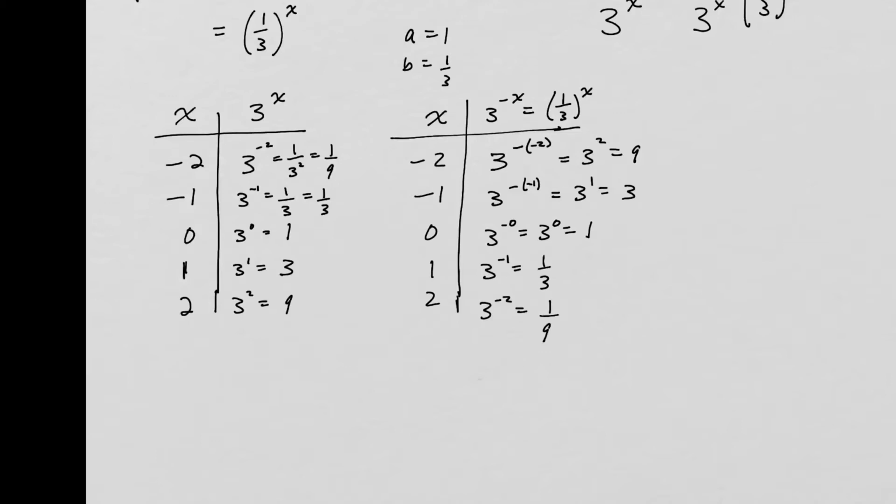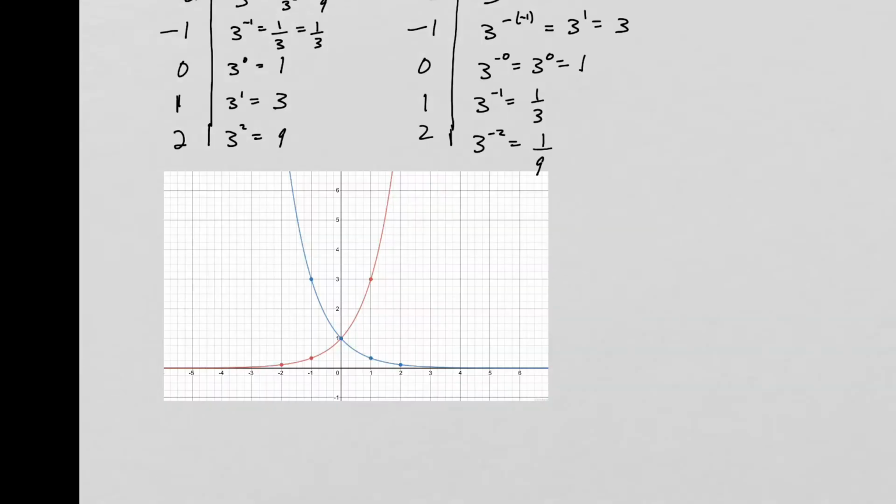Okay, so if we plot this, and let me do that on Desmos, and I'll paste it back into this lecture. Okay, so in this case, the red graph is f of x equals 3 to the x, and the blue one is f of x equals 3 to the minus x. So notice a couple of things.